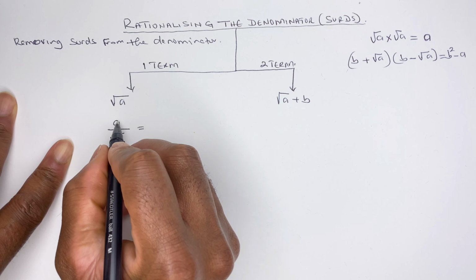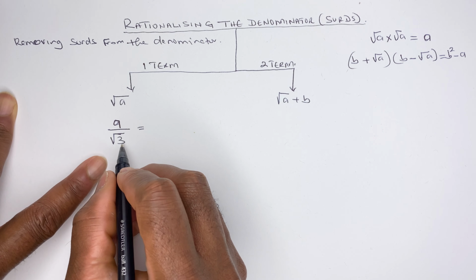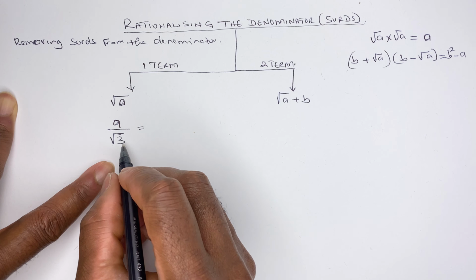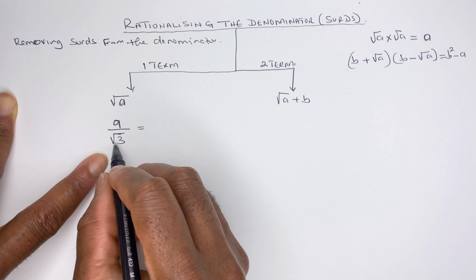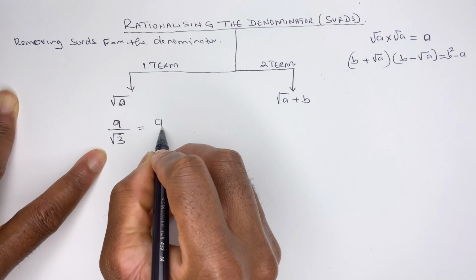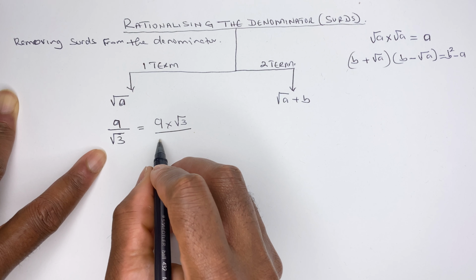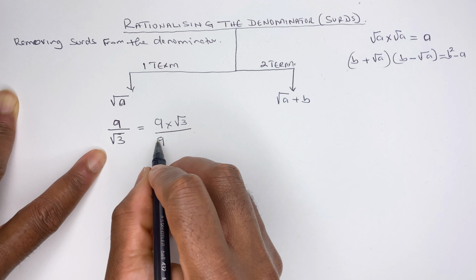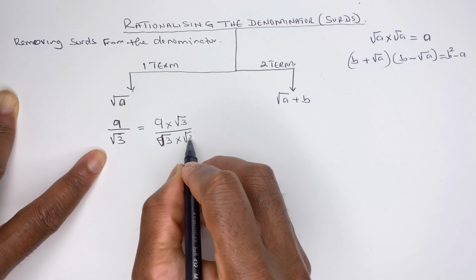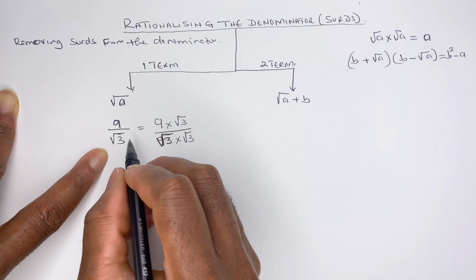So I've got 9 over root 3. I need to eliminate the surd from the denominator, so I need to multiply both top and bottom by root 3.